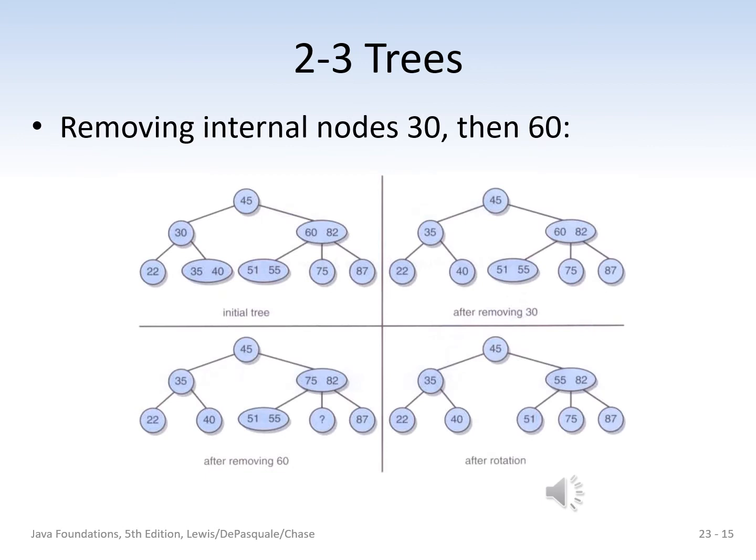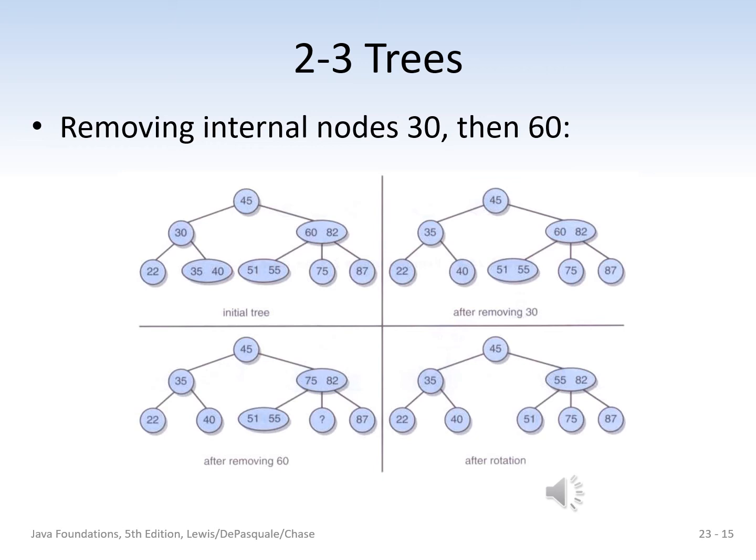So here's an example. It's the last example for a 2-3 tree where we're removing internal nodes 30 and then 60. So you can see in the upper left-hand corner the initial tree, and 30 is a 2-node parent of a 2-node child and a 3-node child.